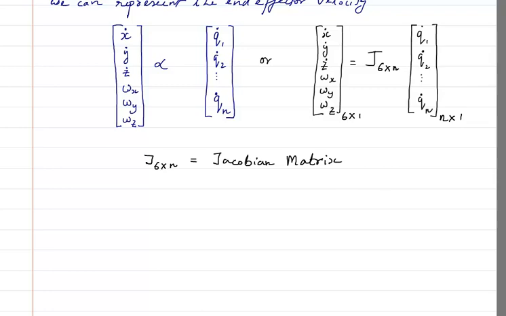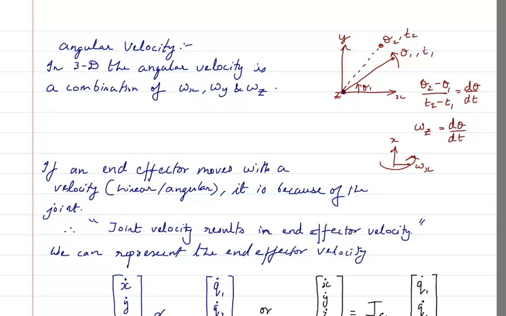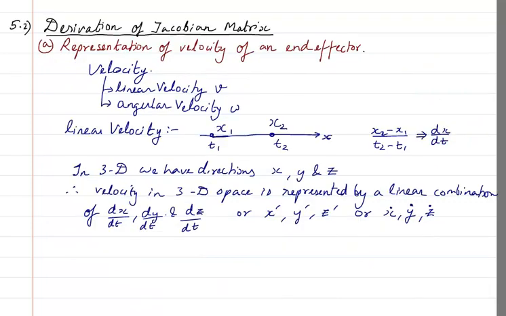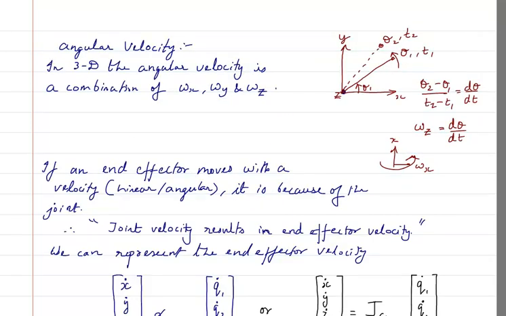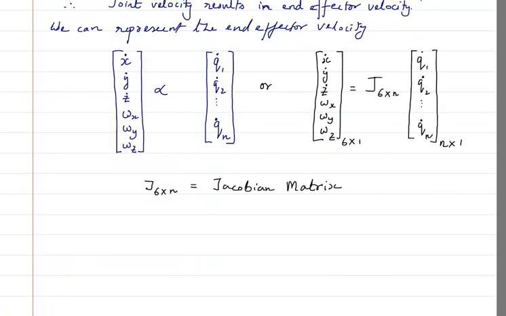Now we have to see how the Jacobian matrix will look for each and every case. This section is basically the derivation of the Jacobian matrix. We have just defined the Jacobian matrix. Now we have to slowly find out what the structure or equation of the Jacobian matrix will be like, and then we will go to individual cases of different kinds of manipulators and define the Jacobian matrix.